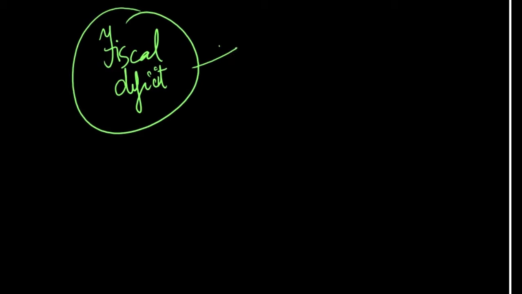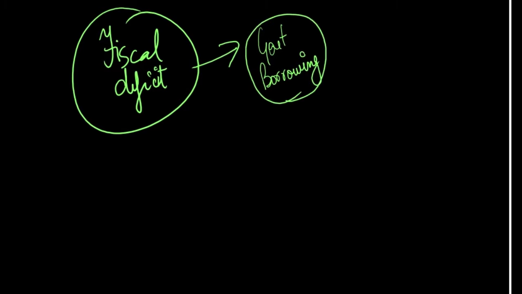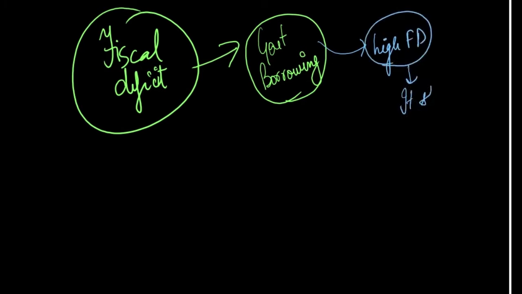So fiscal deficit shows the borrowings of the government. If there is a high fiscal deficit, it shows less money for the private sector.